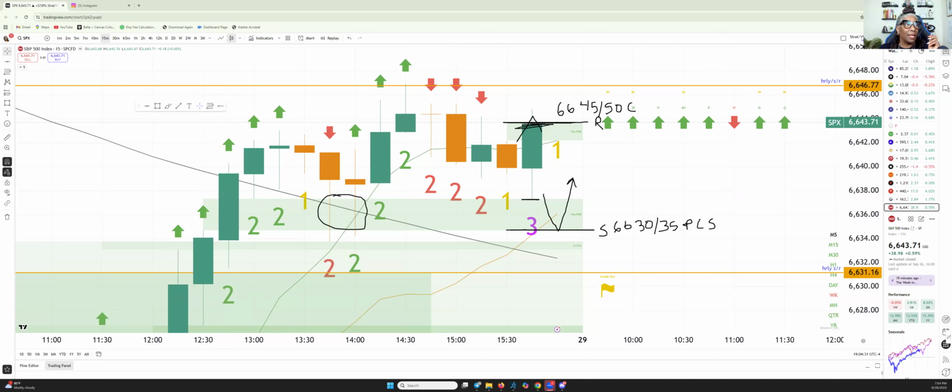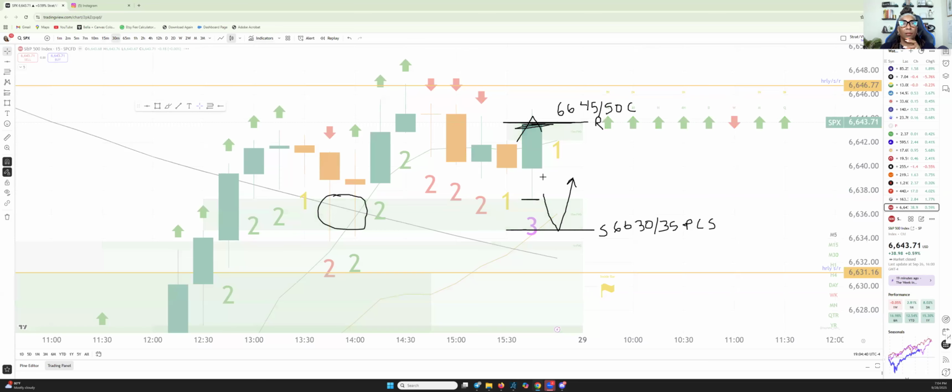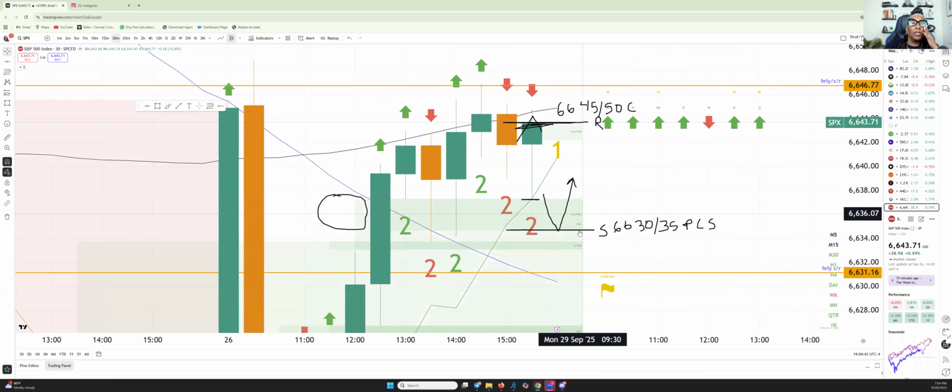I've only done it like the last 10 or 15 minutes, but I believe it really probably could be done on larger time frames. If you had the fair value gaps that you're looking at, you really could use larger time frames and enter them earlier, potentially take in higher premiums, but you also would have to sit longer and your emotions would have to ride the roller coaster longer.